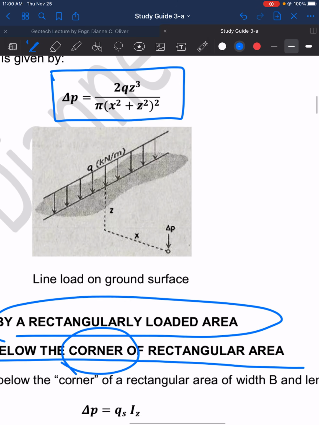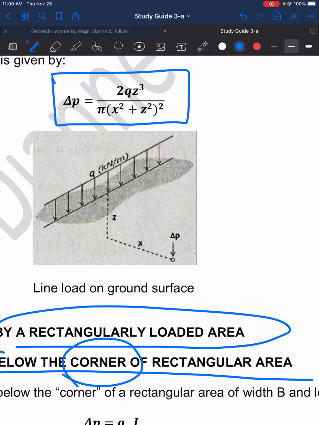Okay? So our line load here is uniformly distributed based on this figure. So in this figure here, we have an infinite line load q. And then what we need is to find the value of delta P at this point.